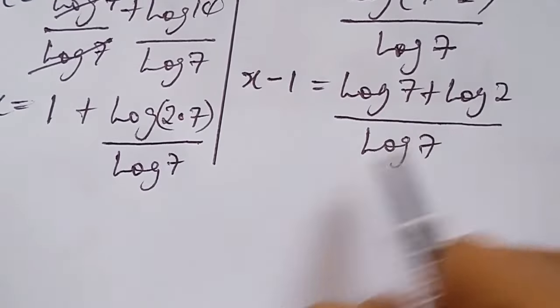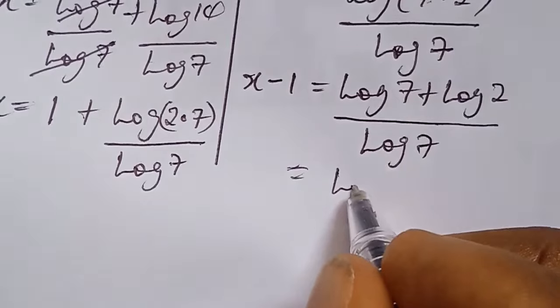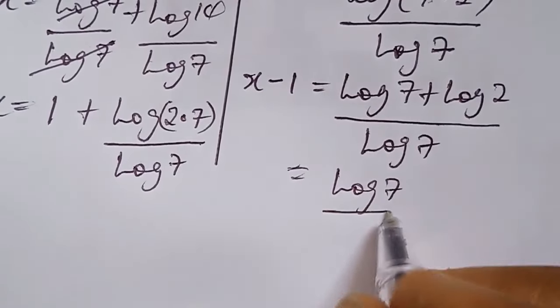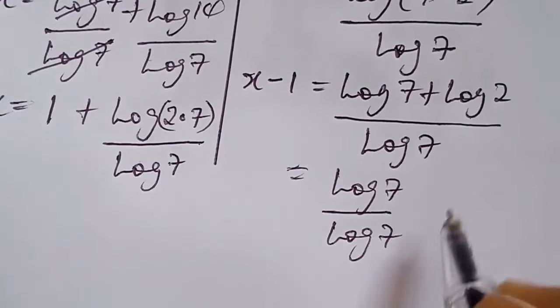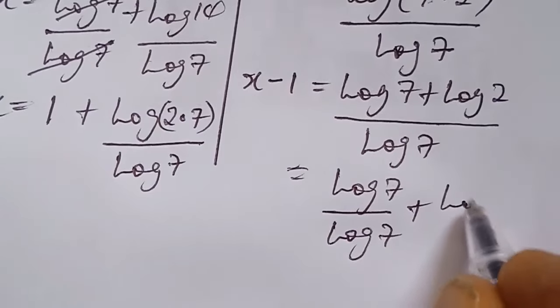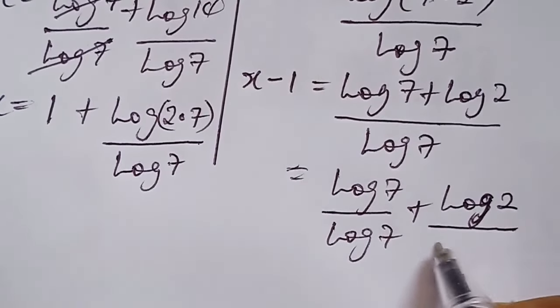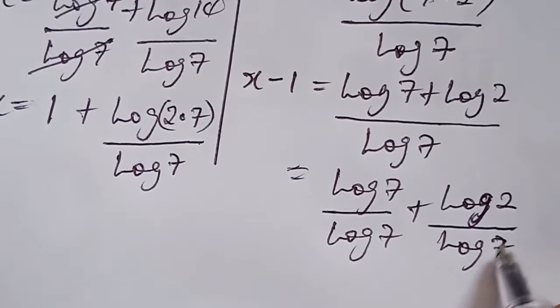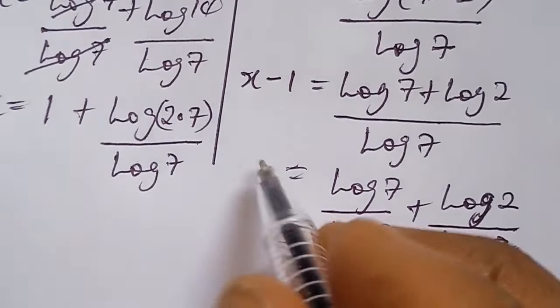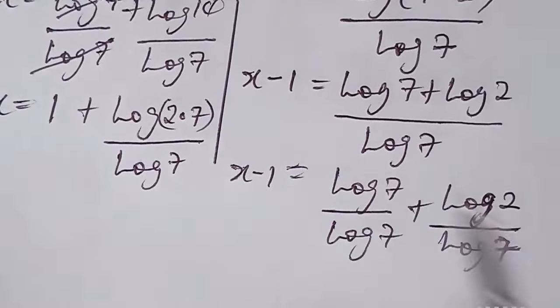Now from here we can write this as log 7 over log 7 plus log 2 over log 7, and that is x minus 1.